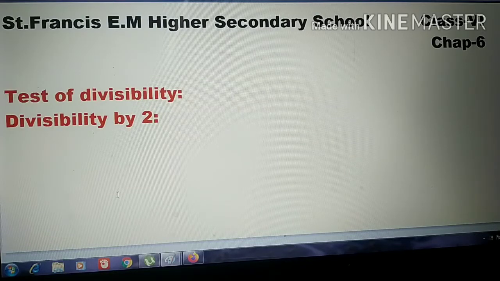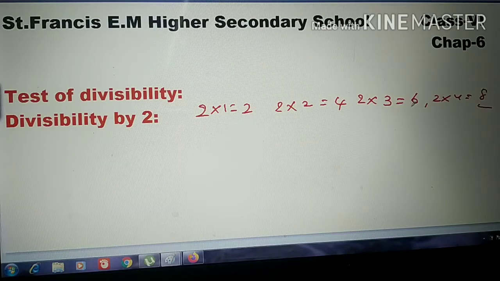That means all the multiples of 2, if you observe the 2 table, you will get 2 into 1 is 2, 2 into 2 is 4, 2 into 3 is 6, 2 into 4 is 8. So all these are multiples of 2. So all these multiples of 2 are exactly divisible by 2, right?